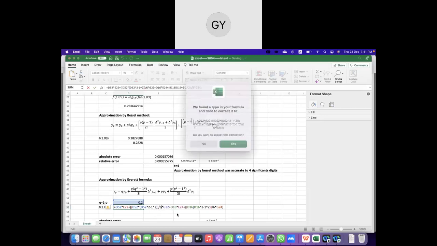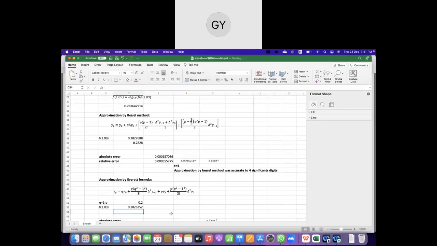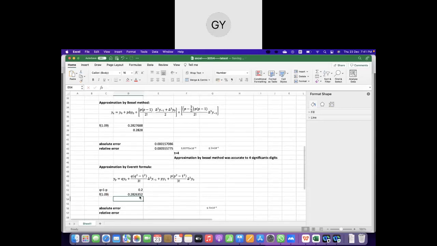Maybe I can do it. Okay, so we get the answer for the approximation by the Everett formula, which is 0.2826352.